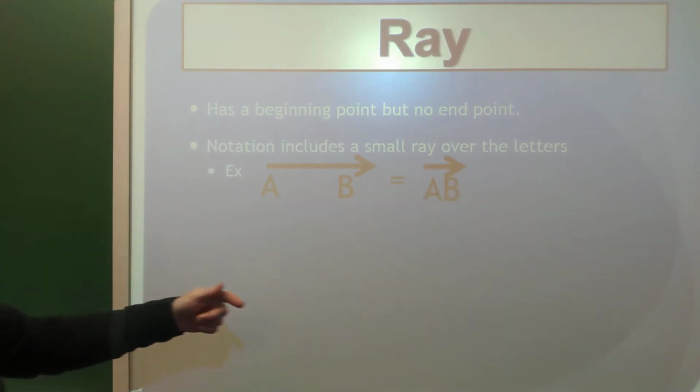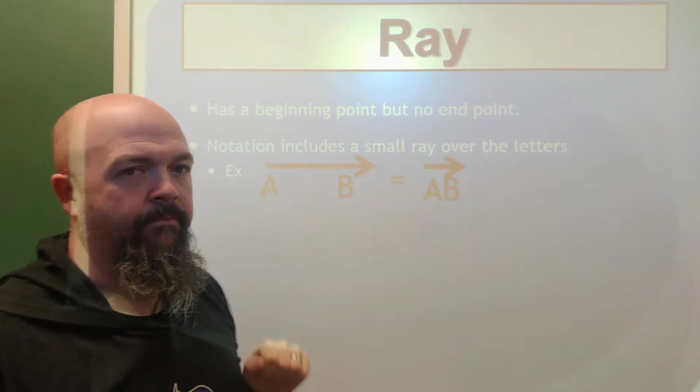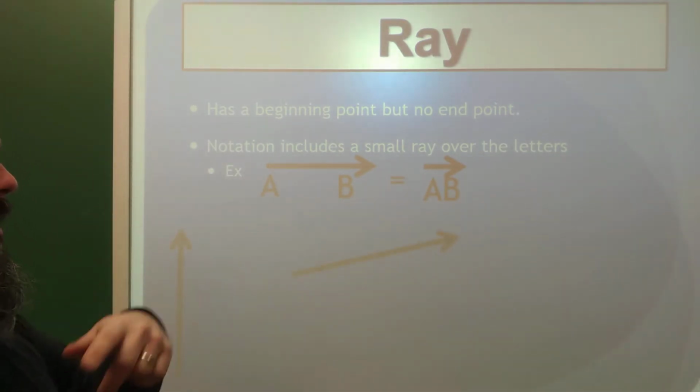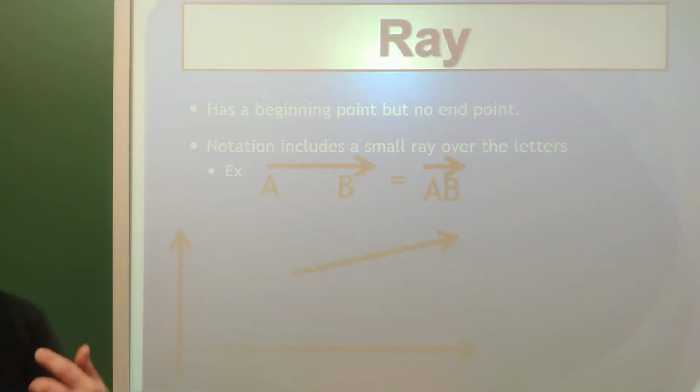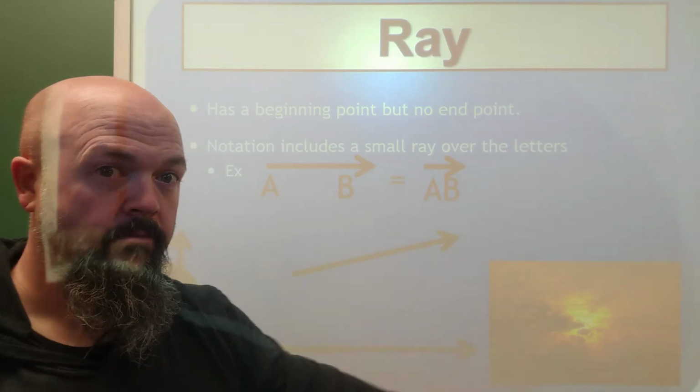So when we're notating, once again, smaller version of the ray above AB. Okay? Rays are also looked at when you're thinking about angles, and we're going to get to those here momentarily. Again, sunlight, your ray.